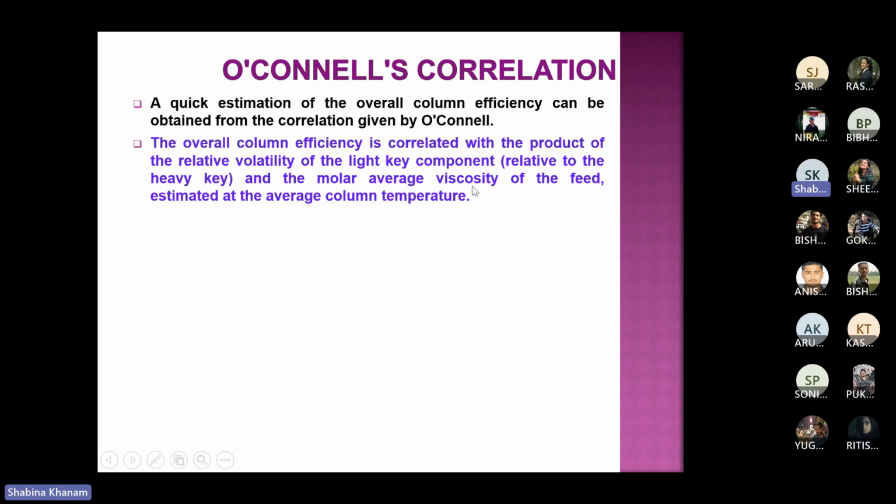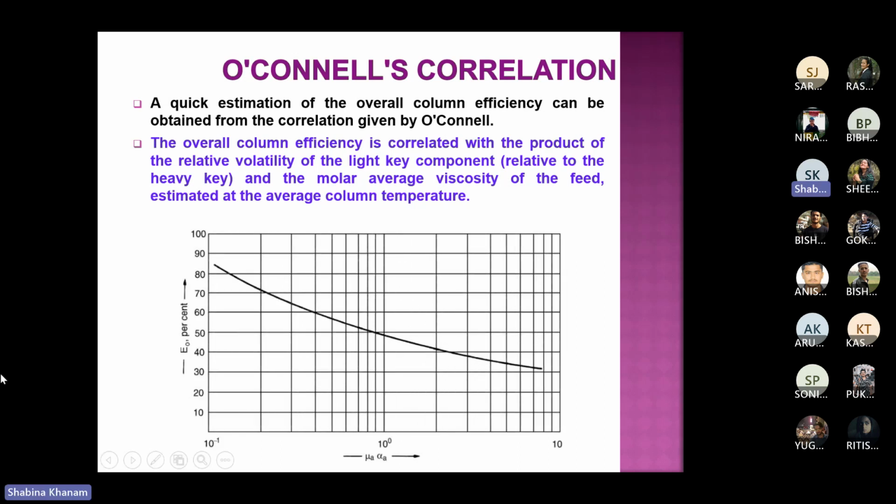So alpha and mu of the feed need to be considered, and the viscosity should be at average column temperature, and the relative volatility also. Here two parameters are there: one is relative volatility, second is the average viscosity, the relative volatility of the light key but the average viscosity of the feed.